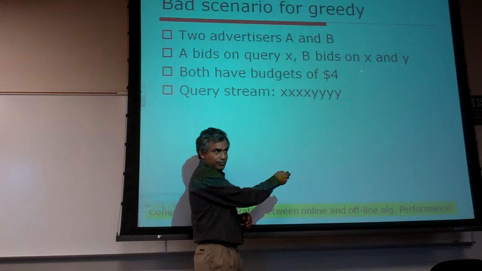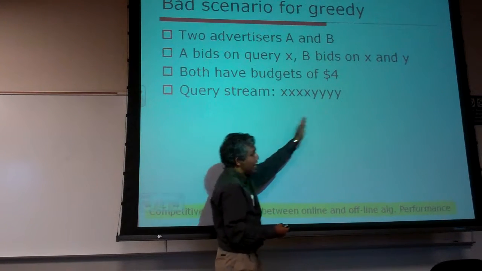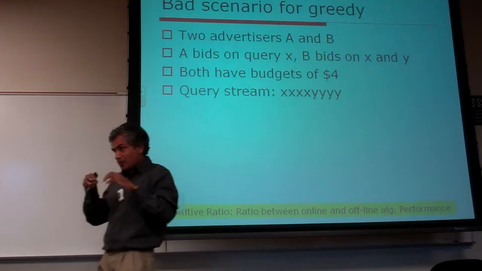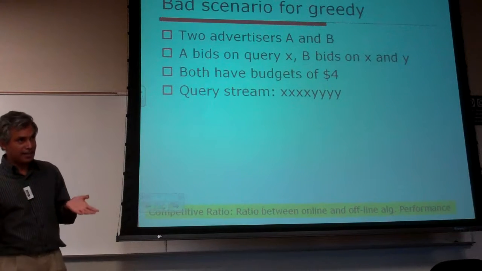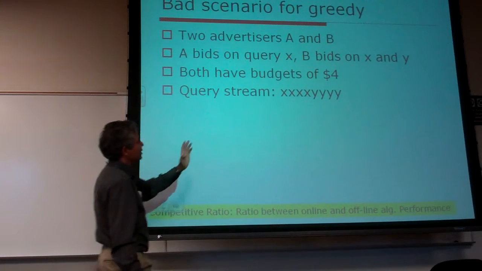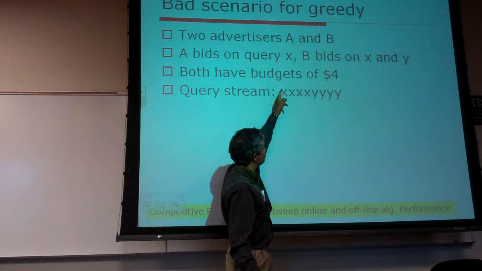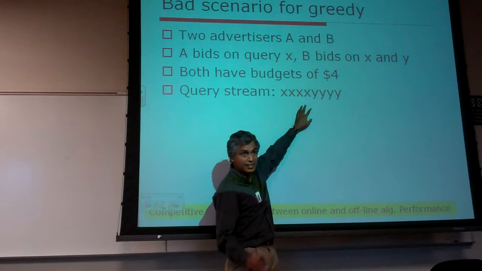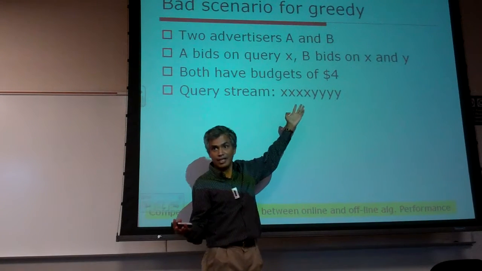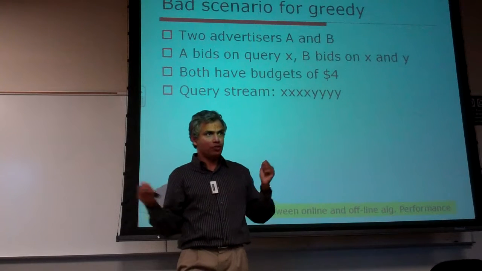Had you seen all the queries, you would have realized that you can show 4 plus 4 advertisements and get $8, assuming CTR equal to 1.